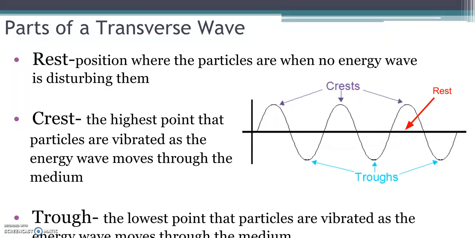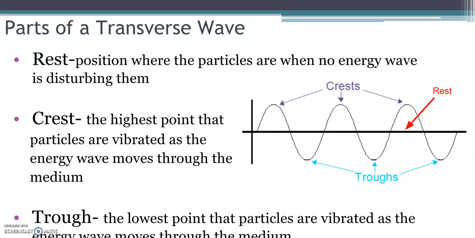Make sure you fill in the blank of the information that's missing for rest. And then also there's a diagram below the definitions for the parts of a transverse wave. And you need to make sure that you label that rest line. This is something that I'll expect to see in your diagrams when we're talking about transverse propagation.